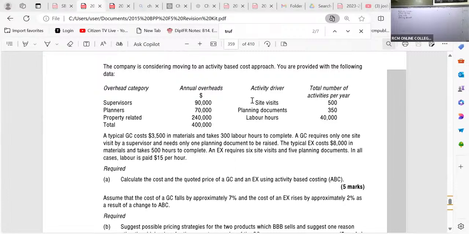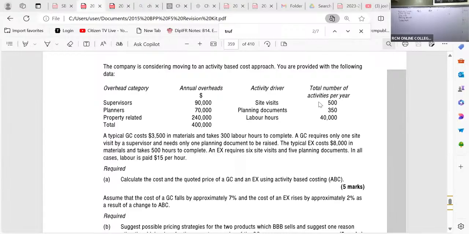And then we have the last one, the labor hours. Then remember, we have 2 products here, right? We have the GC, and then we have what they are calling X. So for site visits, what am I able to see?